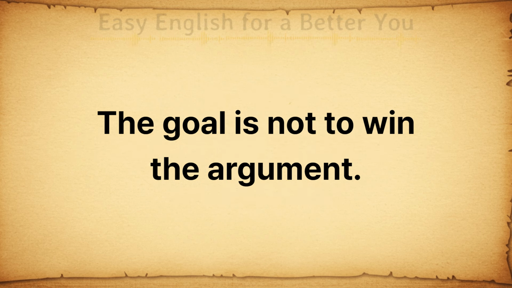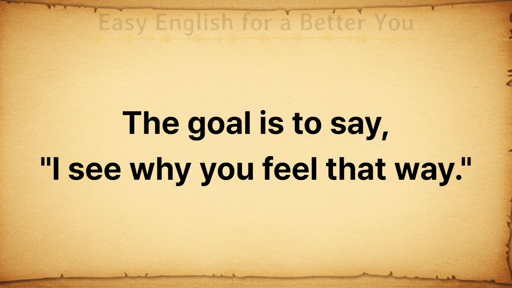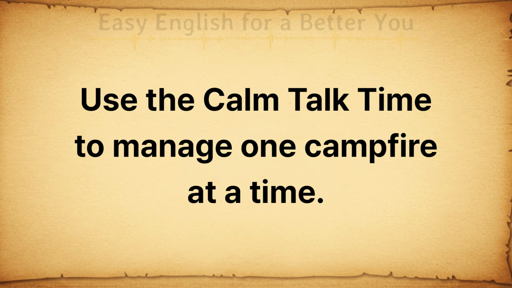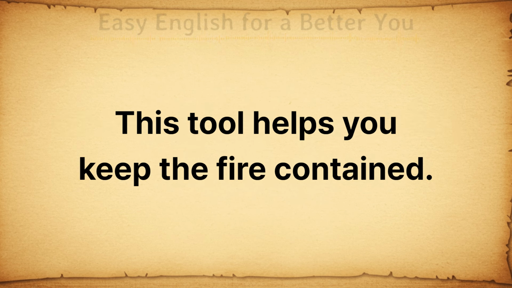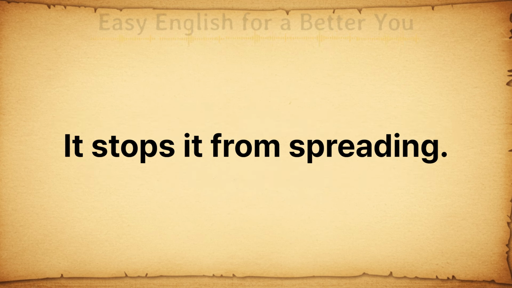The goal is not to win the argument. The goal is to say, I see why you feel that way. Use the calm talk time to manage one campfire at a time. Do not try to fix everything at once. This tool helps you keep the fire contained. It stops it from spreading.